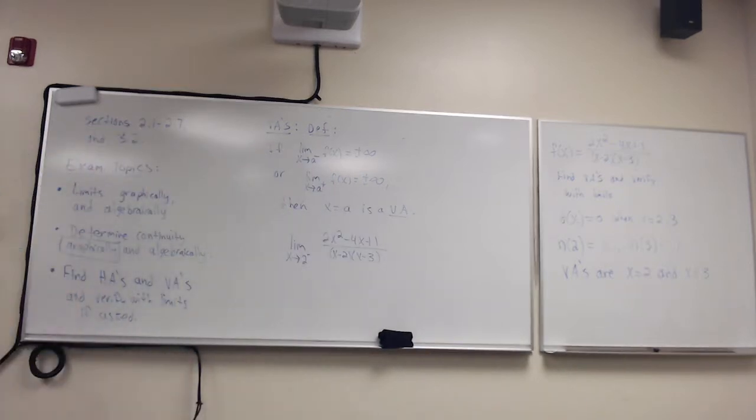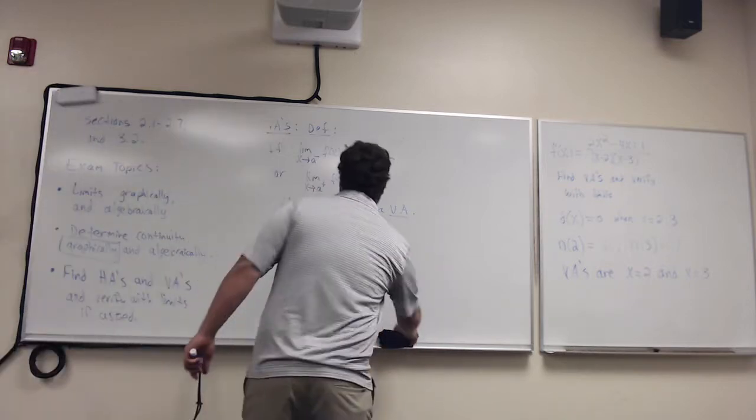Now this is one of those ones where you either have to reason it out or you have to do it numerically, making a table. Okay. Now, I'll tell you a little fact.